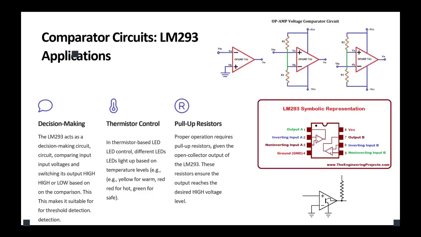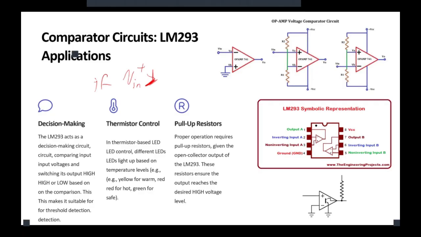So if V in plus is bigger than V in minus, non-inverting, inverting, then the output goes high.